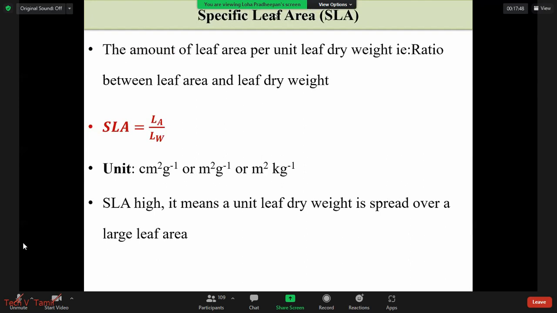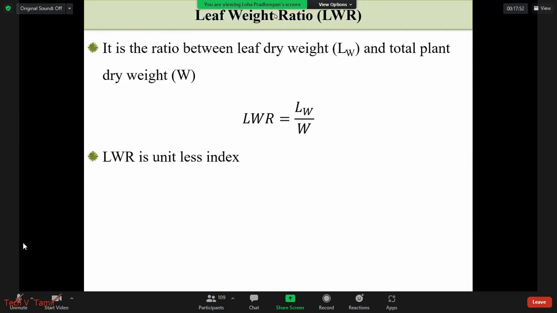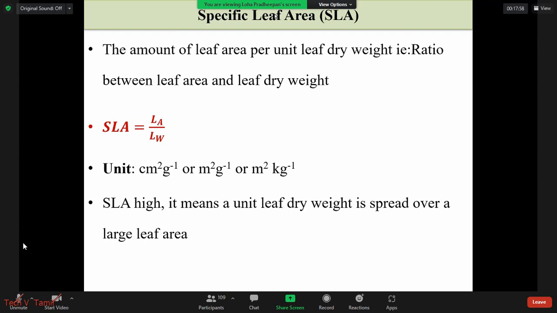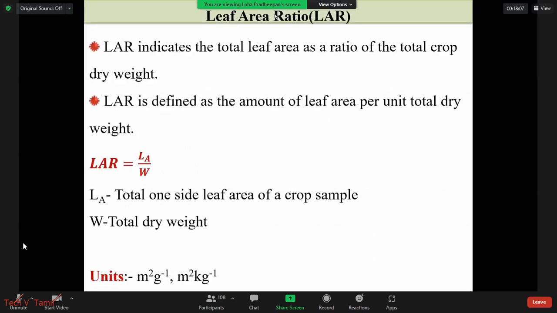Then we move to the leaf weight ratio, that is the leaf weight over plant weight. Then we studied the specific leaf area, that is leaf area divided by the leaf dry weight. Based on that, we can move to the leaf area ratio.